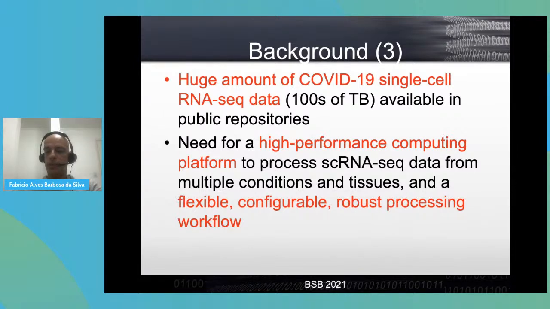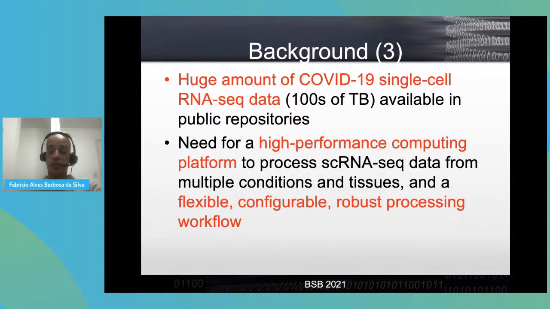One thing that we have observed regarding COVID-19 is that a large number of papers on COVID-19 have been published in the last year and in this year as well. Many of those papers were based on single-cell RNA-seq analysis.